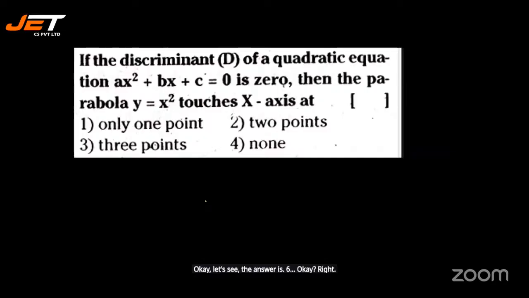Now see the next question. If the discriminant D of a quadratic equation ax square plus bx plus c is equal to 0, is 0, then the parabola y is equal to ax square plus bx plus c touches the x-axis at dash. Only 1 point, 2 points, 3 points, or none. So think of it. You can take your 1 full minute, students.